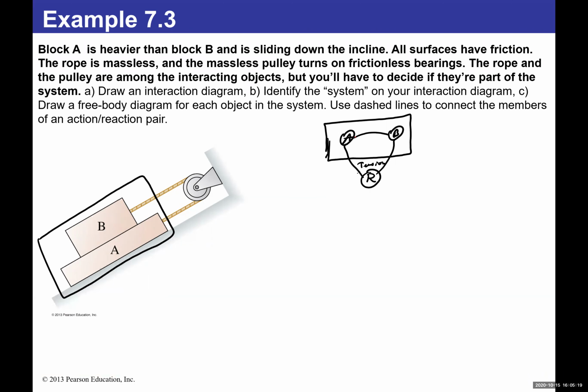Let me do the internal one. There's one which is friction, another one which is normal force. So they have two forces that they exert on one another, a surface force between them. One is friction, the other one is a normal force.